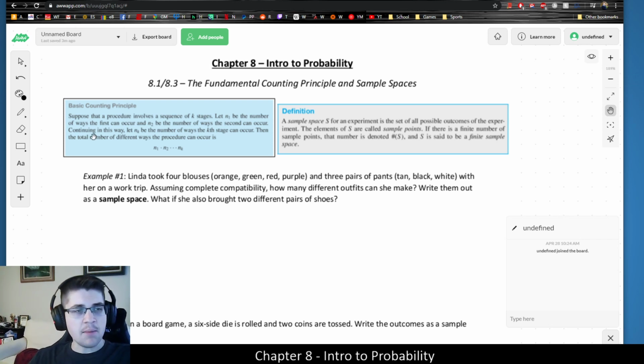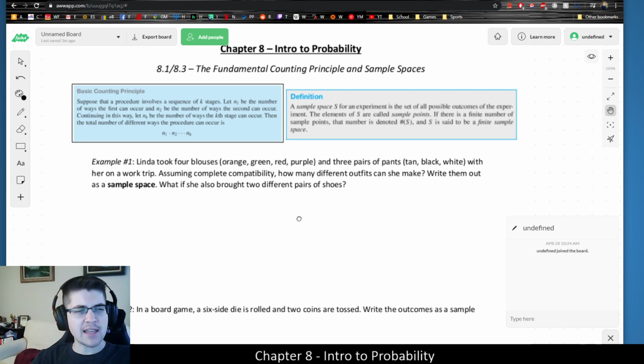The point I'm trying to illustrate is this is actually very easy to figure out if we use the fundamental counting principle and the idea of permutations. But we'll get to all that in a minute. Then it says write them out as a sample space. And what if she also brought 2 pairs of shoes?